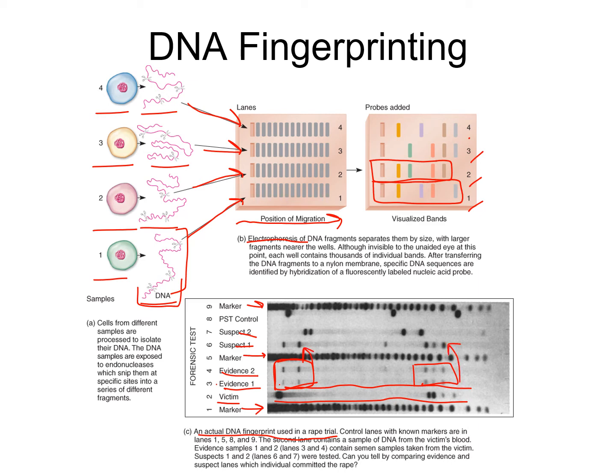So the important part with the DNA fingerprinting is not the intensity of the bands, but the location of the bands. So if they line up this way, the intensity doesn't matter. This is darker. The intensity just means that more DNA was loaded into that well than in this one, for instance. So that proves that suspect 1 left DNA at the scene.